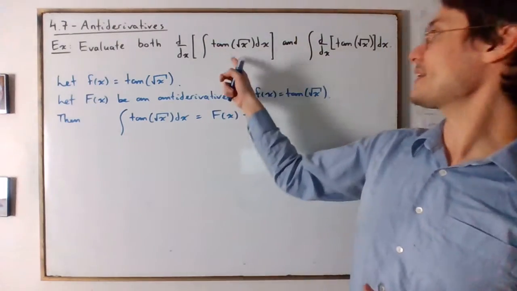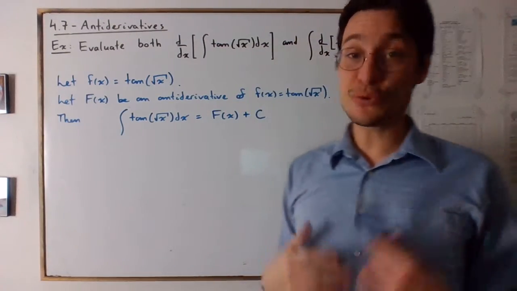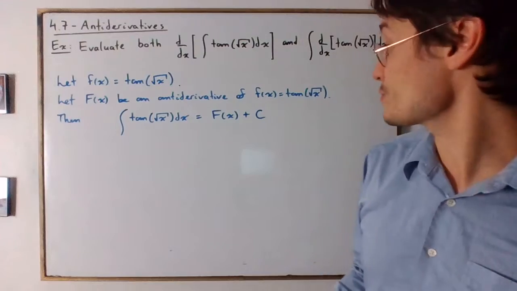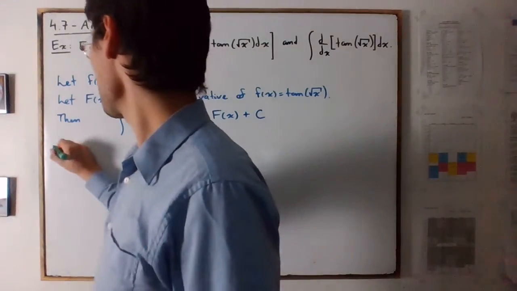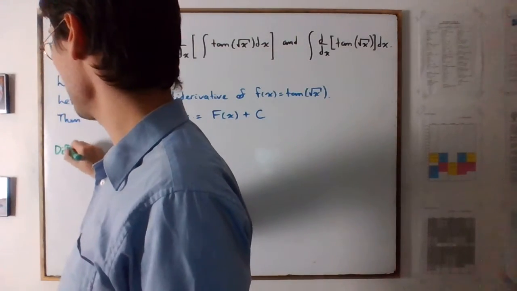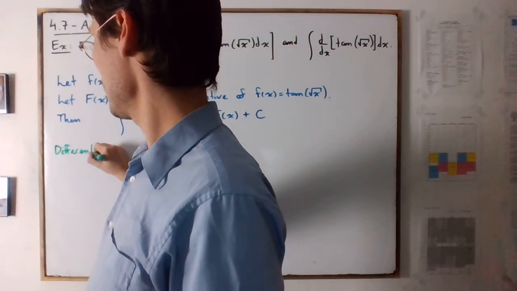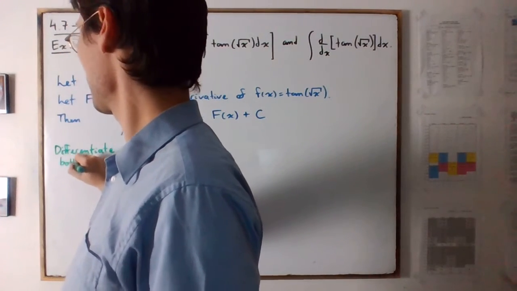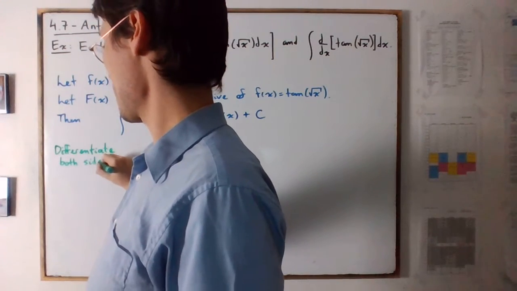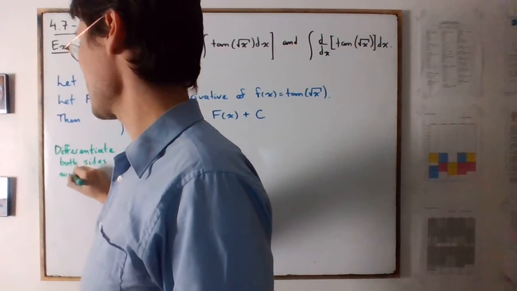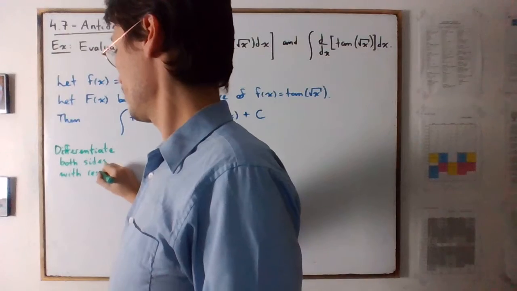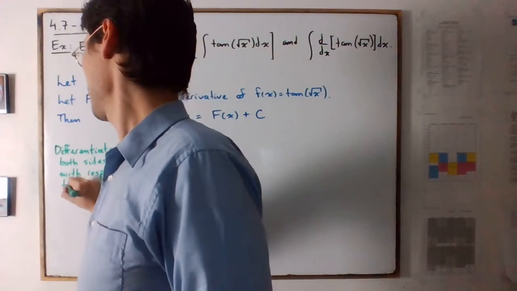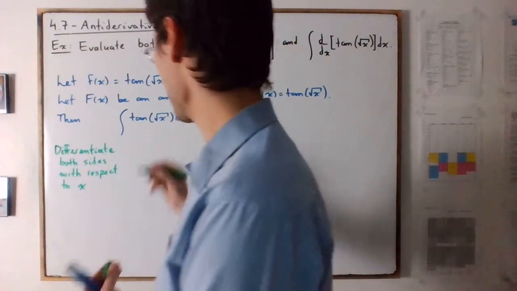Now what we're going to do to find the first number is to differentiate both sides with respect to x. So what are we going to get?